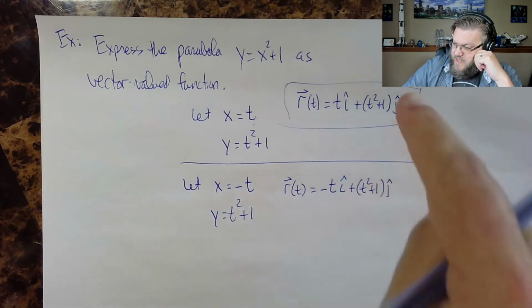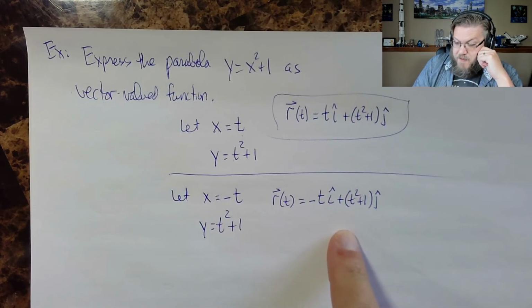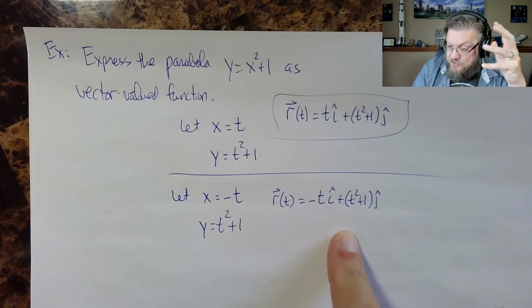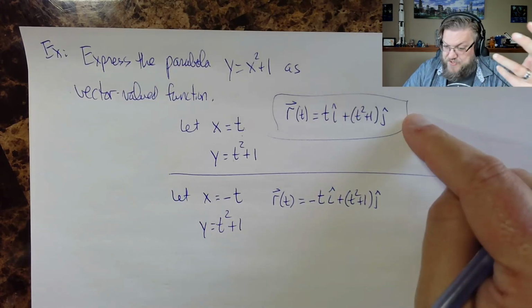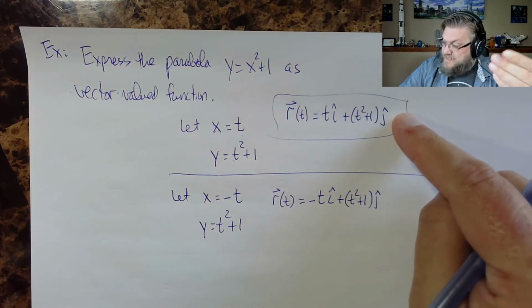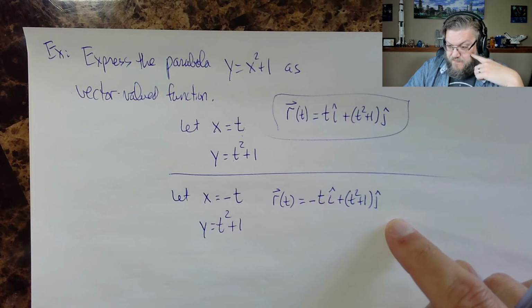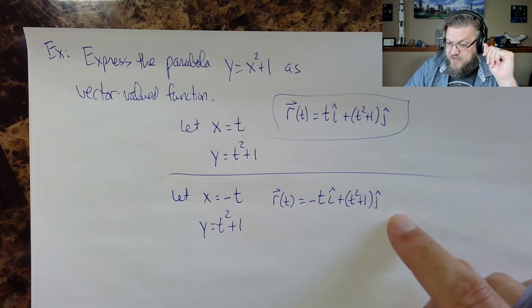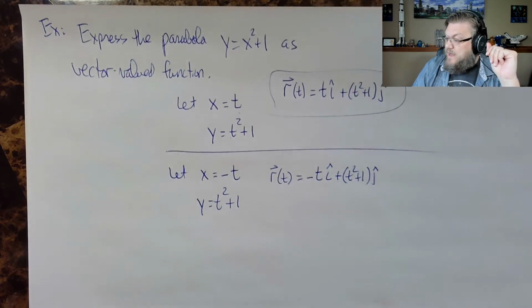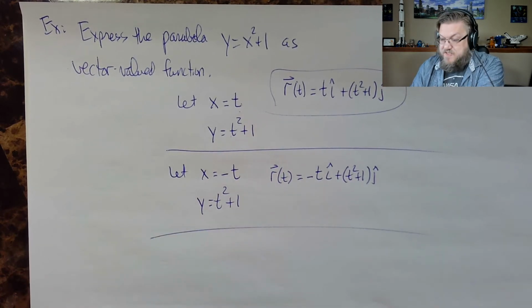You're like, wait a minute, how can that curve be the same as this curve? Remember, it's all about how it's drawn out. The end result picture of this is the same end result picture of this, but they're drawn out possibly differently, right?